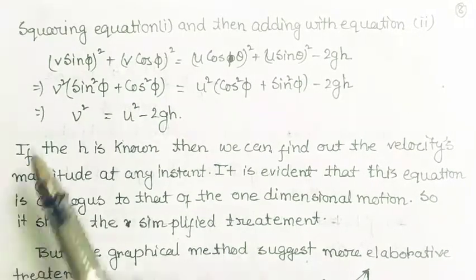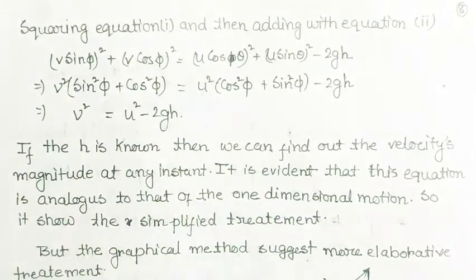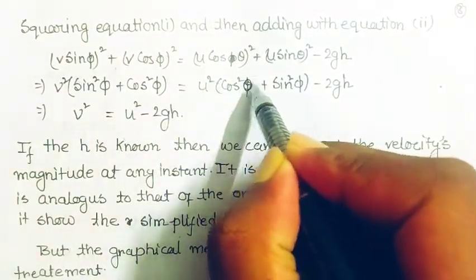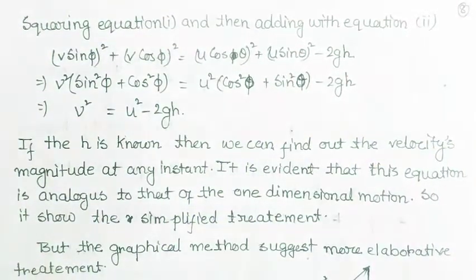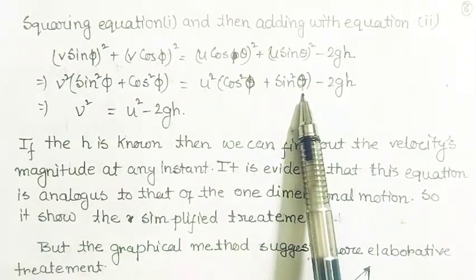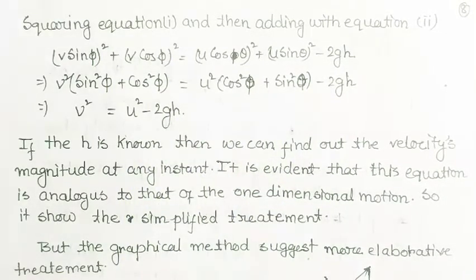Here you need not know that phi, you need not know these things. Sorry, here I have made a mistake. These are thetas. You need not know the initial angle of projection. You need not know the instantaneous angle.